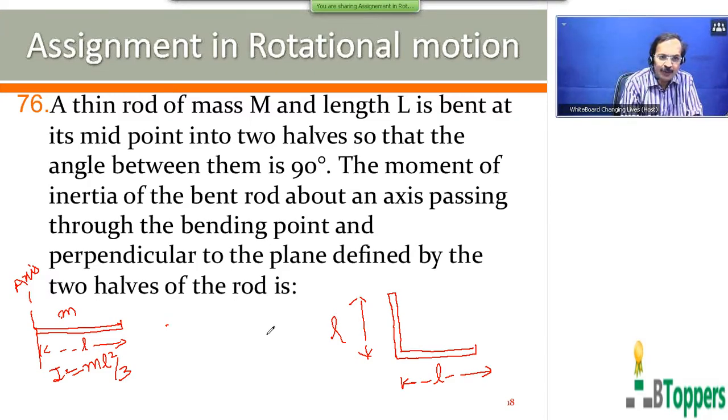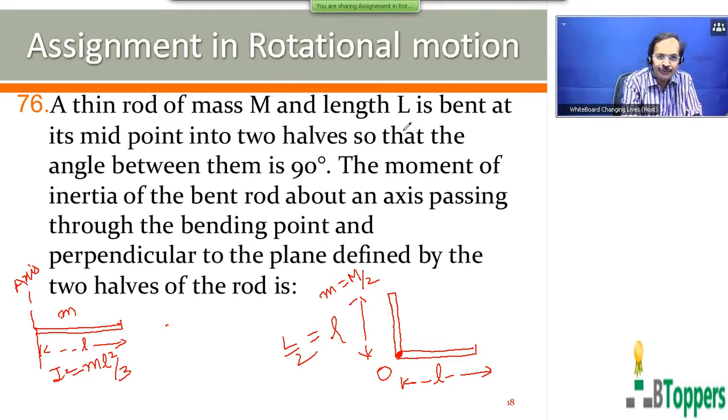Mass of each part by small m. Axis is passing through the bending point O. That means small l equal to capital L by 2 and small m is equal to capital M by 2. Total mass of the rod is denoted by capital M. Total length of the rod is denoted by capital L.